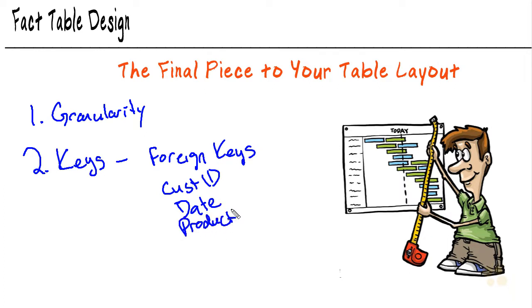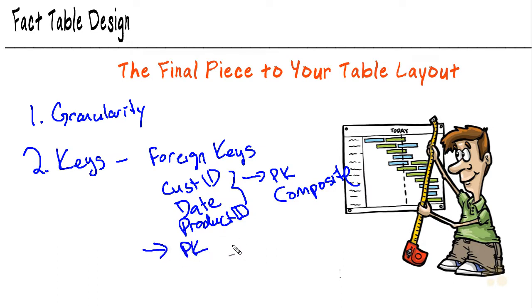And once we've added all of these things together, you could combine these together to make one primary key called a composite key. That's not an uncommon way to handle creating a fact table, or you could just go the old-fashioned way and just create a primary key on your table and maybe set it with the identity specification.